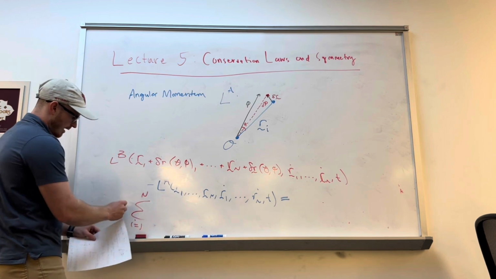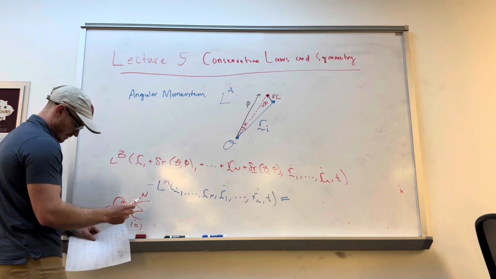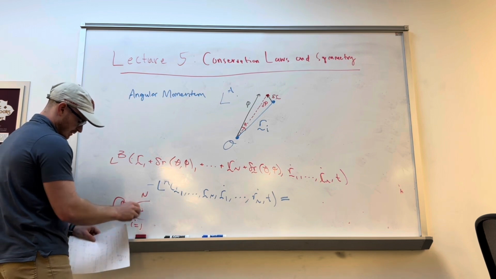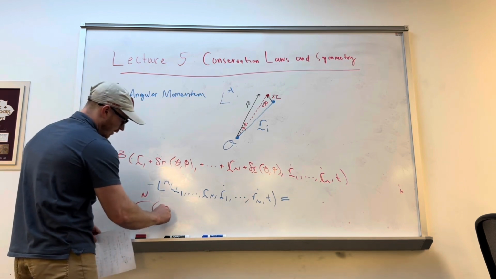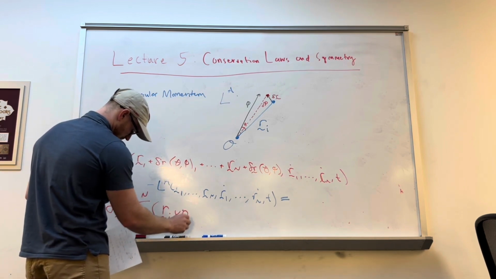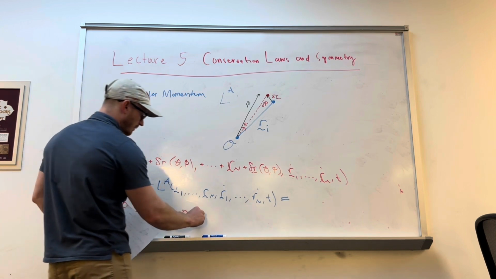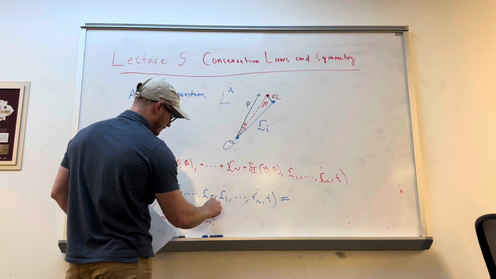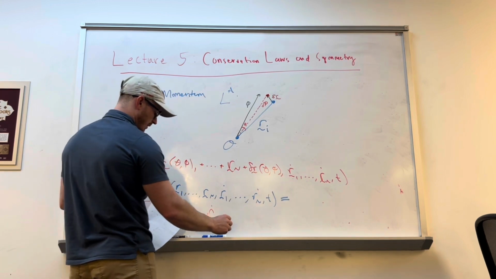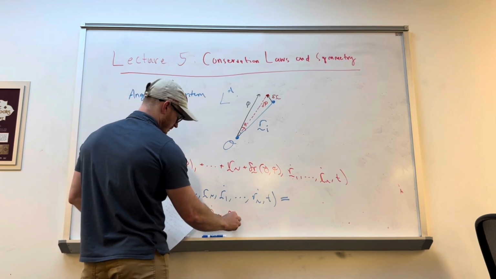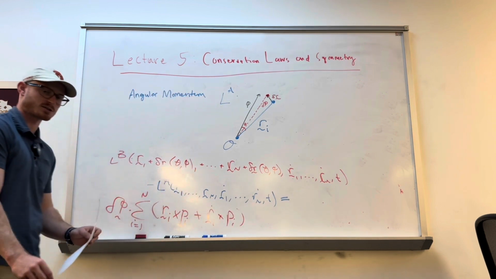You're going to have your d phi of Ri cross Pi plus Ri dot cross Pi in your Taylor series expansion.